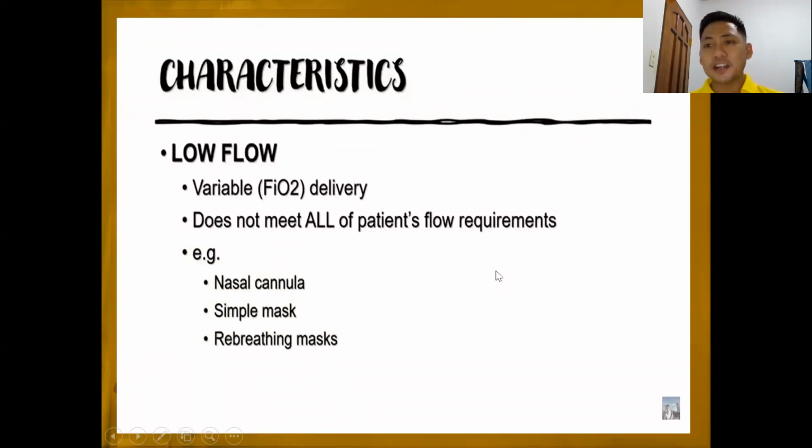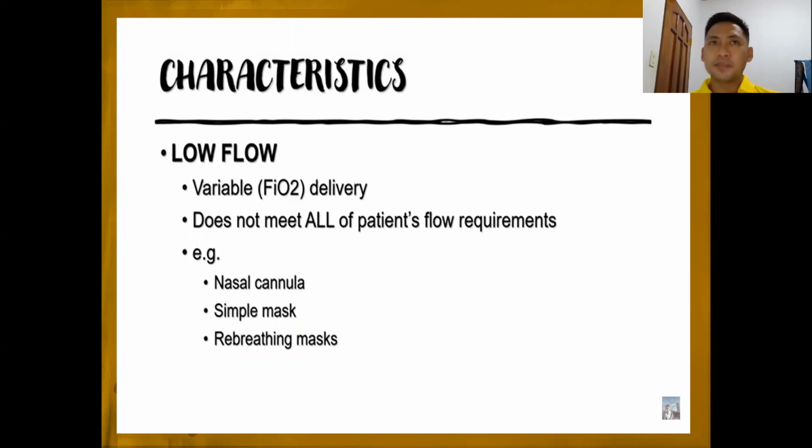Okay, so first we will be discussing the low flow oxygen devices. What are the characteristics of these low flow oxygen devices? There is a variable FiO2. FiO2 means the fraction of inspired oxygen which is delivered to the patient, and it is equivalent to a percentage.